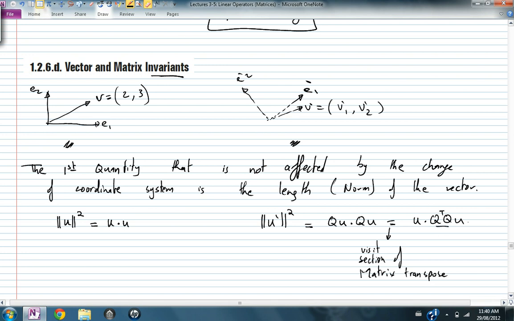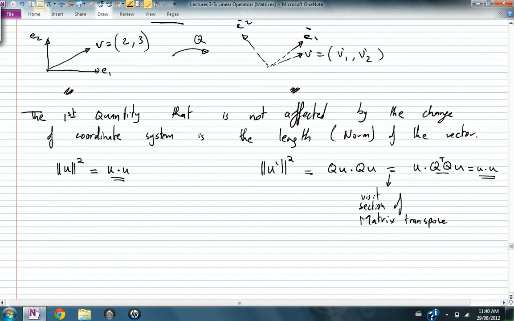Now q transpose q is the identity matrix because q is an orthogonal matrix, which is equal to u dot u, which means it does not change between the coordinate systems. So the length of vectors does not change.